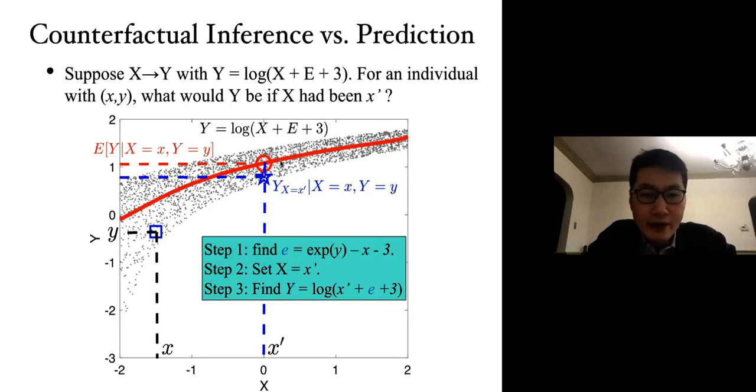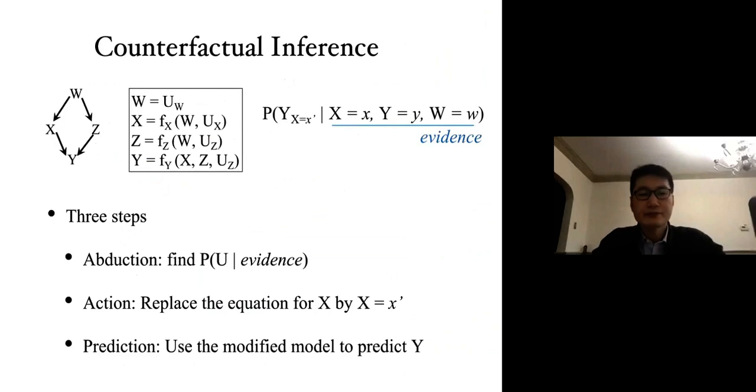Isn't P(E given X) independent of X? Oh, this is the no. P(E given X) is the posterior of E. Oh, there's some confusion. Let me go back to the slide, and then we'll go to the next question. Right here, this is the distribution of the exogenous noise given evidence. This is nothing but the posterior.